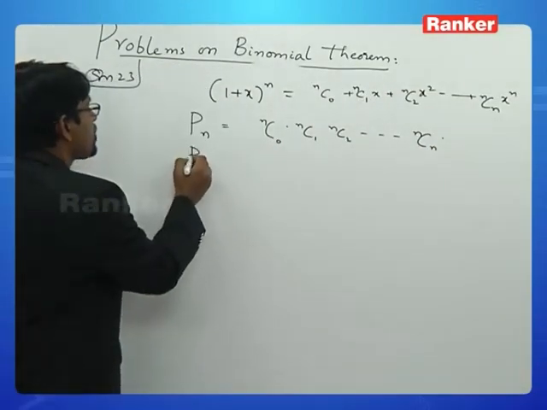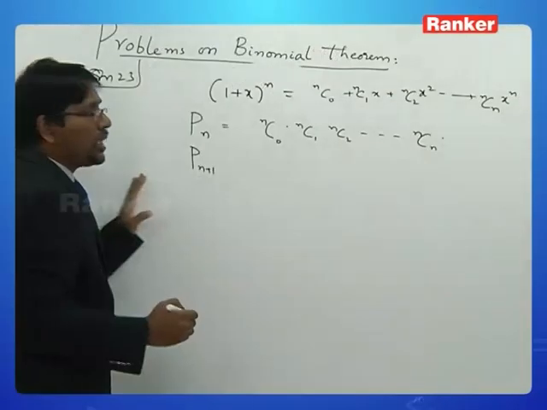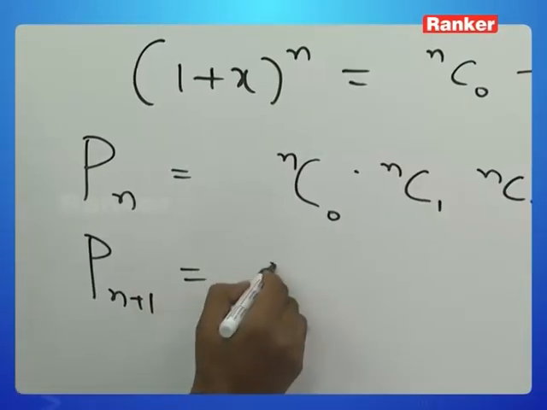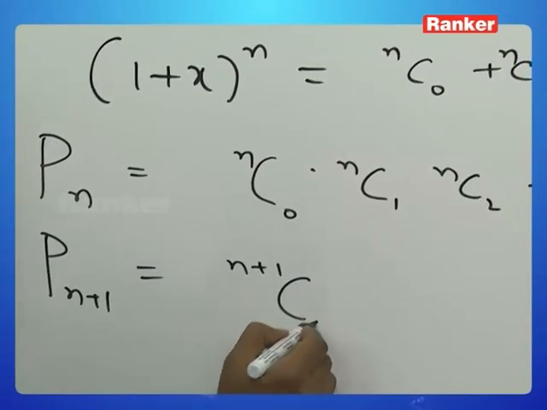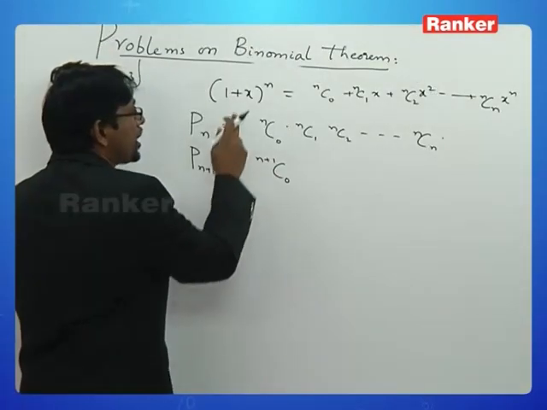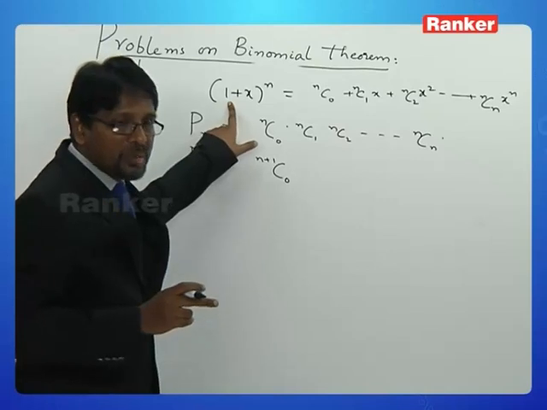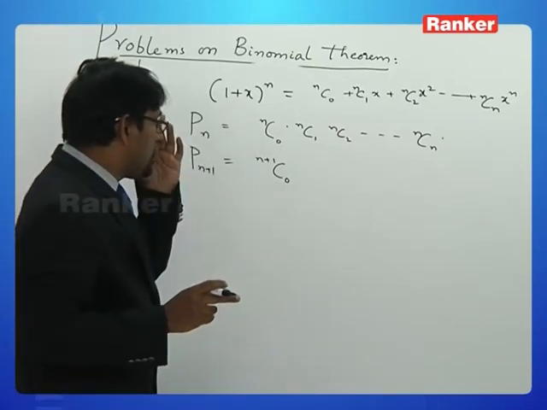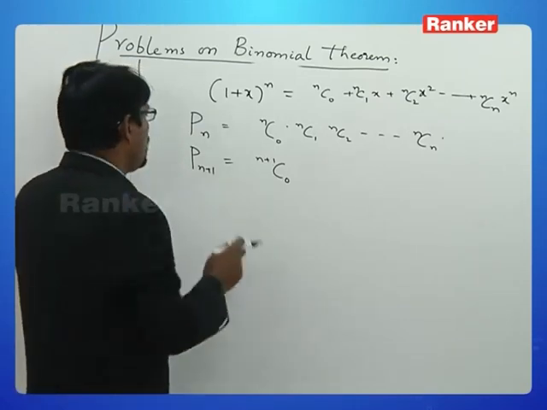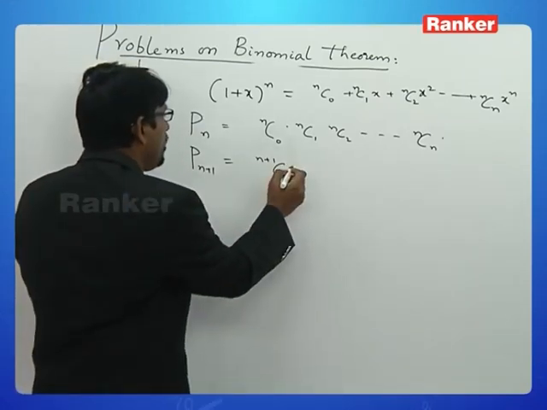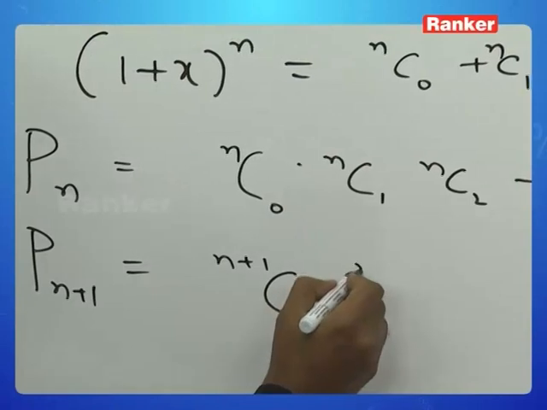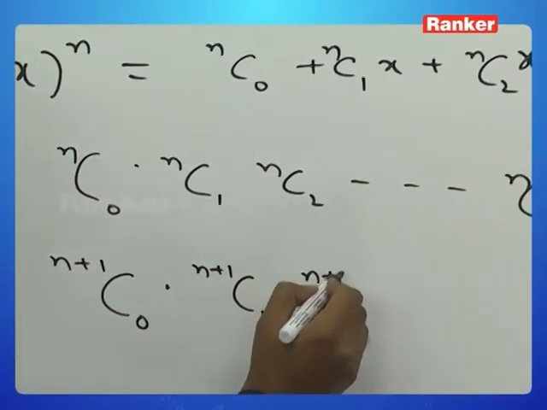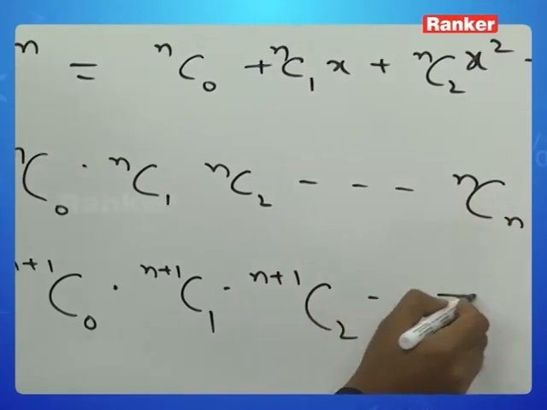What is P(n+1)? Wherever there is n, I need to replace it with n plus 1. So I'll have here (n+1)C0. In the expansion of (1 plus x) power n plus 1, we need to look at the binomial coefficients and take the product of them. So P(n+1) will be (n+1)C0 into (n+1)C1 into (n+1)C2, and so on and so forth.